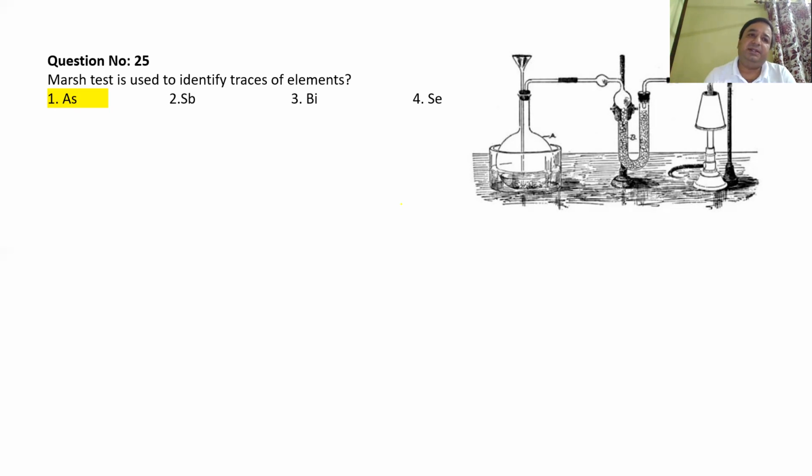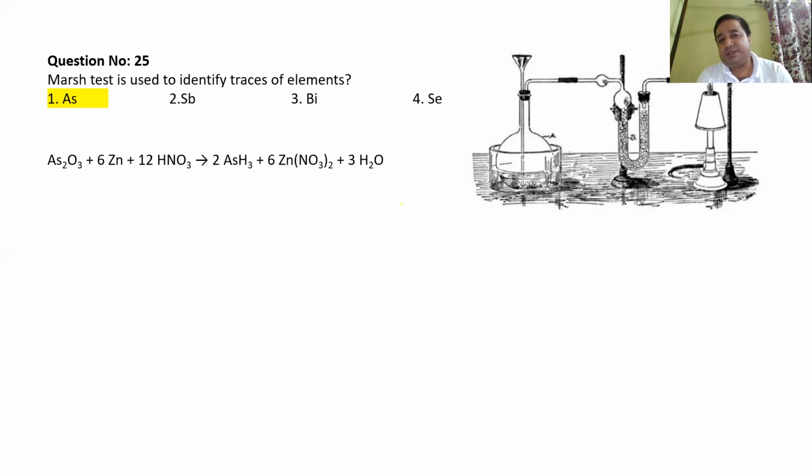Now, if you take either As2O3 or Sb2O3 or Bi2O3, okay, the same is not for selenium. All of them being in the same group. If you use nitric acid in presence of zinc, then it forms AsH3, that is arsine.